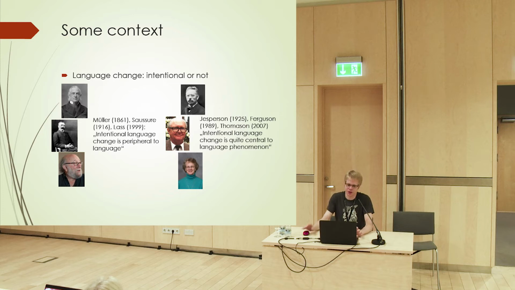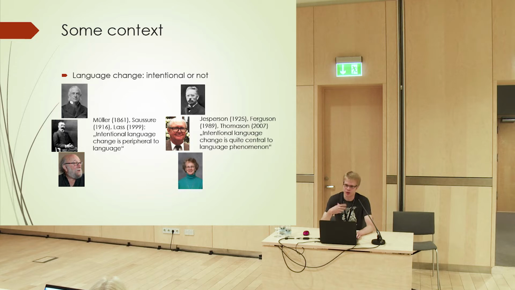To give some background in linguistics first, there is a long-going discussion in language change research about how much a particular individual can alter a language. There are discussions going back 150 years saying that most changes within the language are something that an individual can't really help, and that we cannot really design it in any way.